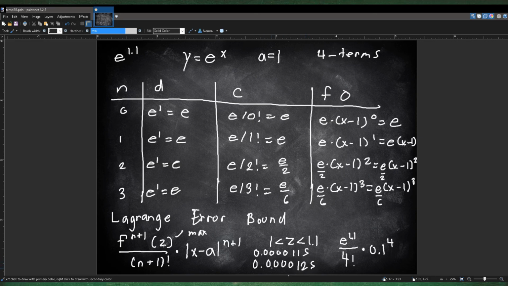Since the bound has to be greater than or equal to the remainder, because we use the maximum number, the maximum possibility of what the error could be, we know that our answer has to be within 0.00000125 of the actual answer, of the actual e to the power of 1.1.